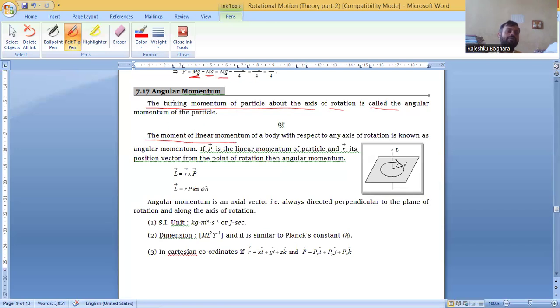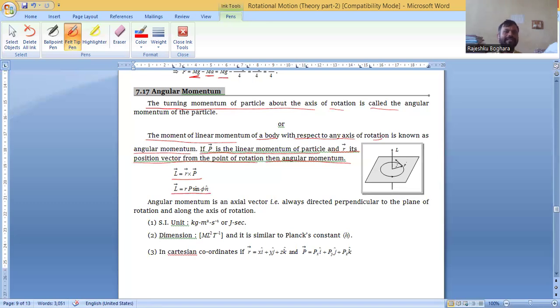Angular momentum also we call moment of linear momentum of a body with respect to any axis of rotation. If P is the linear momentum of particle and r its position vector from the point of rotation, then angular momentum L equal to r cross p, L equal to rp sin phi.